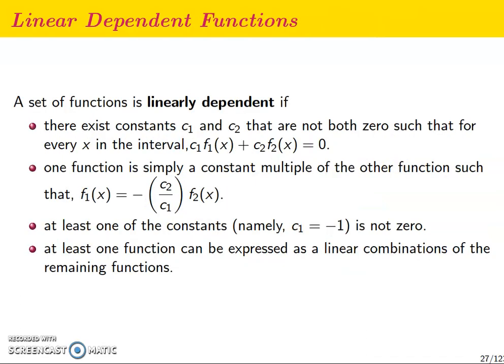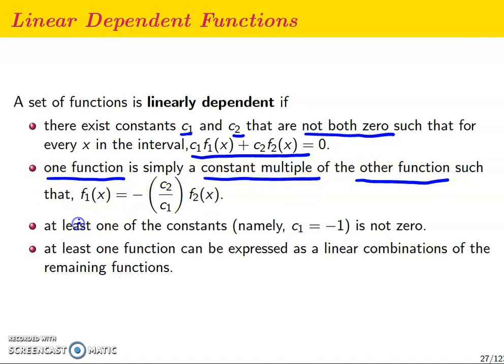Okay, there are some properties. A set of two functions is linearly dependent if there exist constants c1 and c2 that are not both 0, such that c1 f1(x) + c2 f2(x) equals 0 for every x in the interval. That means one function is simply a constant multiple of another function.